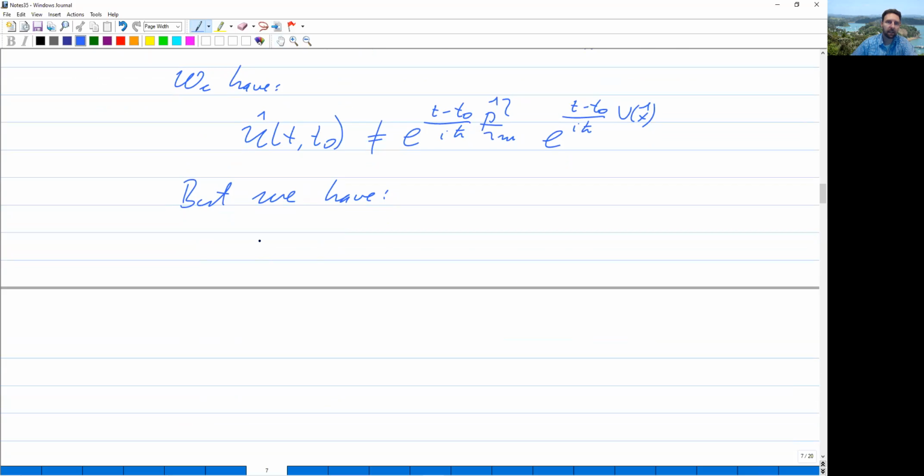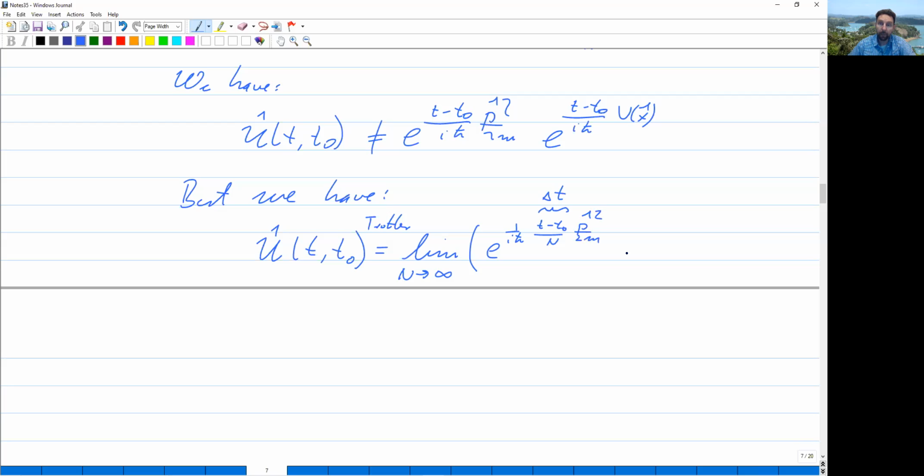Namely, we have that û of t and t naught is equal to, by Trotter, the limit for n going to infinity of e to the power of 1 over i h bar and then (t minus t naught) over n, which is something that we will now call delta t, times p hat squared over 2m, multiplied with, and so this is a nice factorization here, 1 over i h bar and then (t minus t naught) divided by n, so that's the delta t again, v of x hat, and to the nth power.